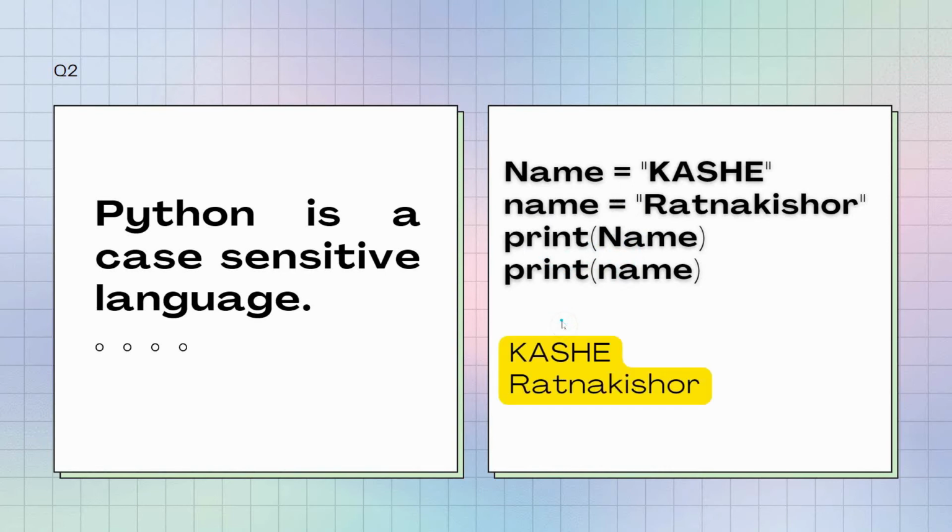If I execute this program, because of the first print function, the string present in the first variable will be displayed, that is Cache. And because of the second print function, the string available with the second variable will be displayed, that is Kishore. By considering these two examples, we can clearly say that Python is a case sensitive language which treats uppercase letters and lowercase letters as different letters.